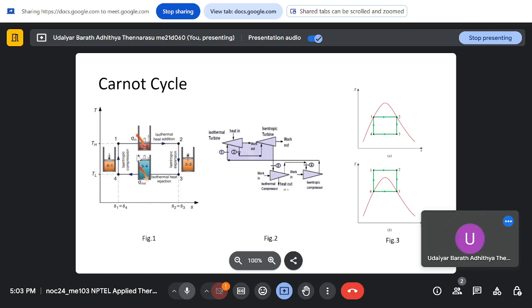So you see, isentropic processes are very fast processes. So the normal compressors or turbines are running at very high speeds, and the time they have for heat transfer to occur is very small.